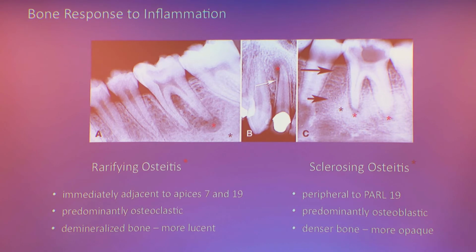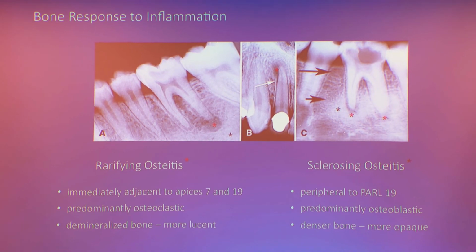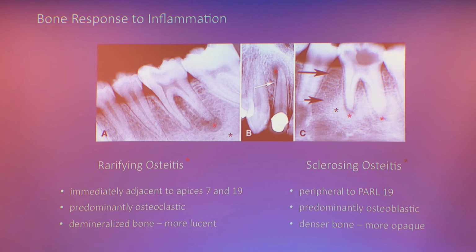There are a couple that I want to spend some time on. The other ones, again, you can use for your reference if you're interested. Bone's response to inflammation will sometimes involve an increase in osteoclastic activity. The bone will be destroyed and rarefied, and the image will be more lucent.